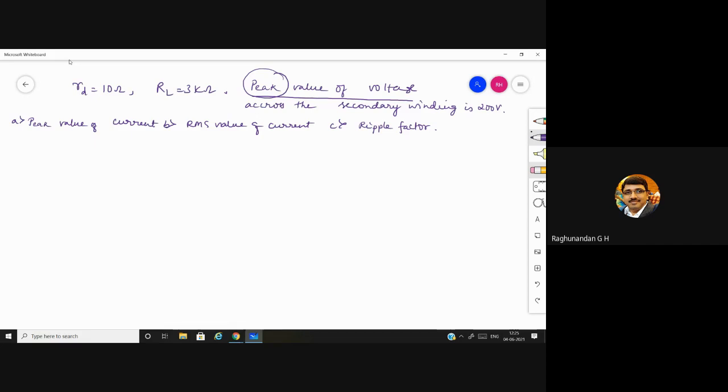Okay, so VM is given: VM is equal to 200 volt, RL is equal to 3 kilo ohm, and RD is equal to 10 ohm. So peak current means IM. We know IM is equal to VM by RF plus RL.